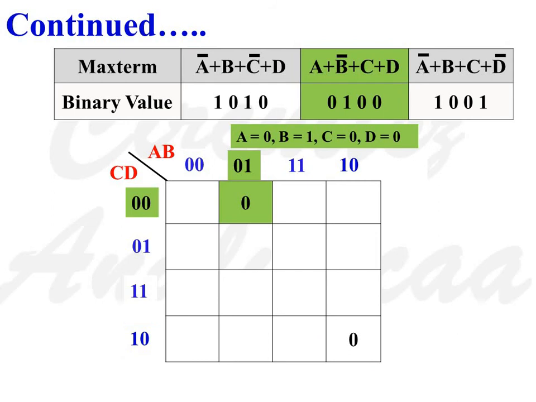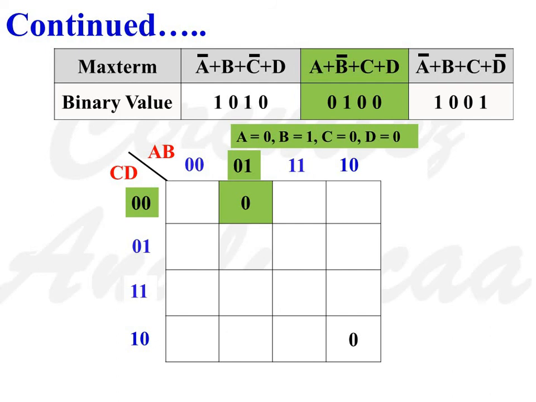Second max term of the given expression is A plus B bar plus C plus D. Binary value of the max term is 0 1 0 0. As variables A, C and D appear in true form, those bits are filled with zeros, and as variable B appears in complemented form, that bit is filled with logic 1.